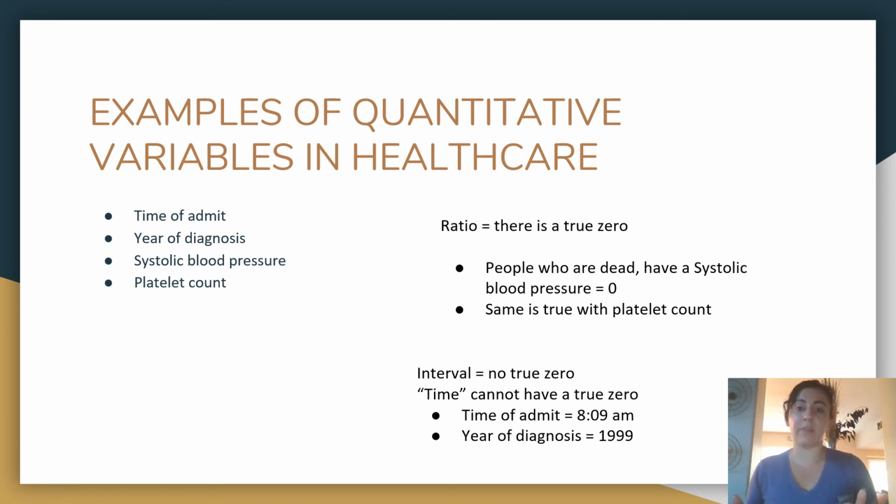Now with interval, this has no true zero, meaning you can have values smaller than zero. You can go negative. Okay. Or really, there is no true zero that exists. And time is a funny thing, because I know there are no negative numbers in time, I get that, but time itself cannot actually have a true zero because it's continuous.